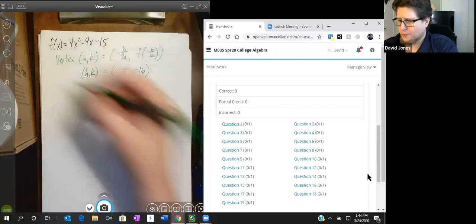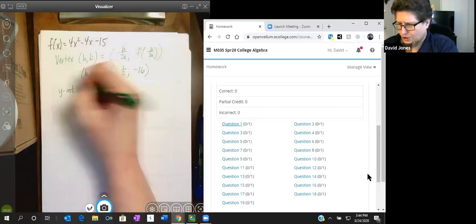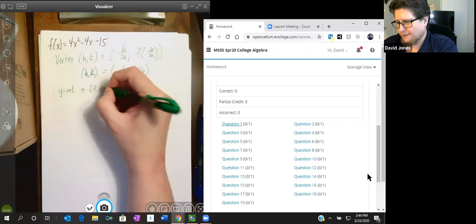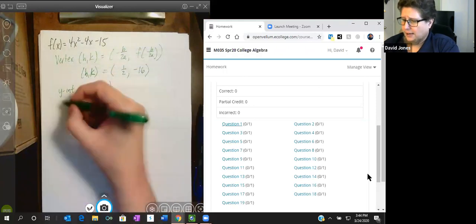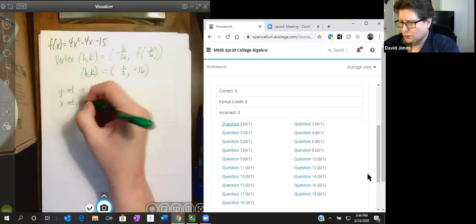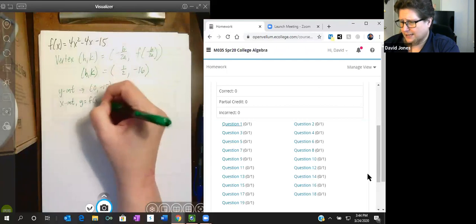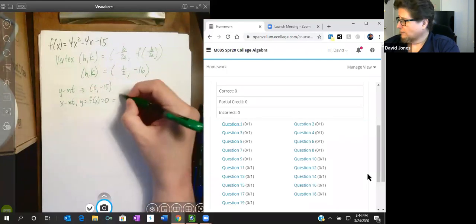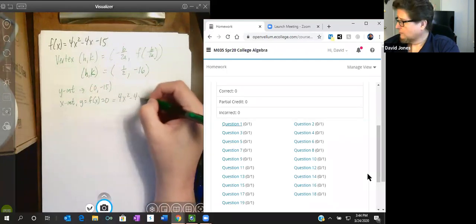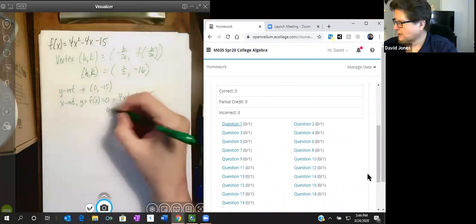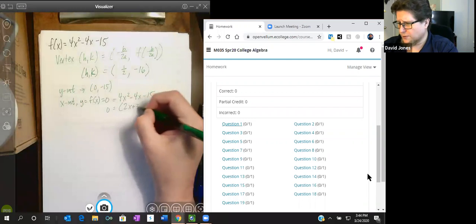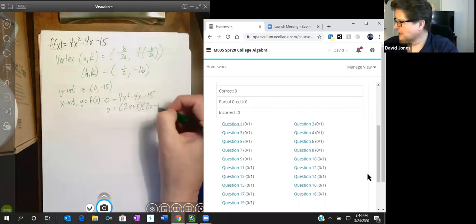The y-intercept was easy. It's just the final number, (0, negative 15). The x-intercepts are when y equals 0 or f of x equals 0. This does factor. It's 2x plus 3 and 2x minus 5.